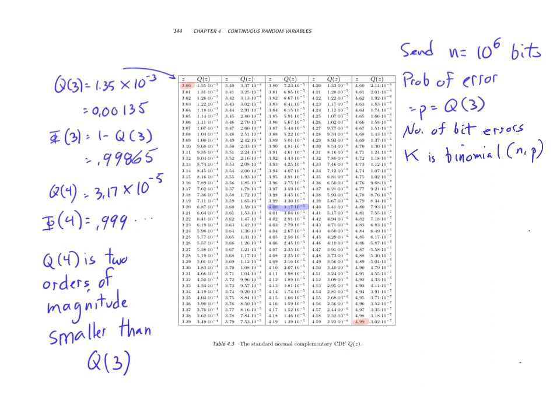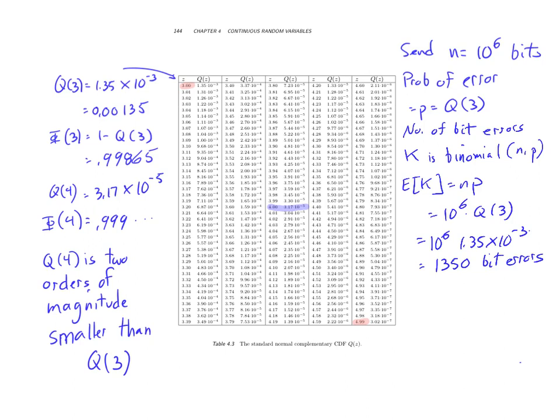And if p is equal to Q of 3, then the expected number of bit errors is np, and that's equal to 10 to the 6th times Q of 3. It's equal to 10 to the 6th times 1.35 times 10 to the minus 3. It's 1,350 bit errors.